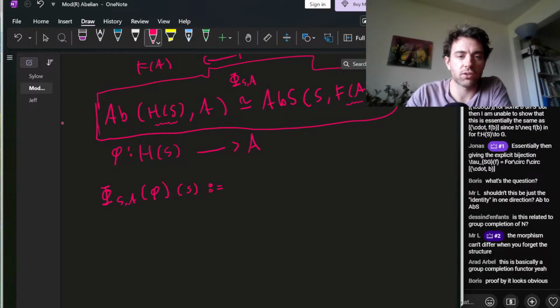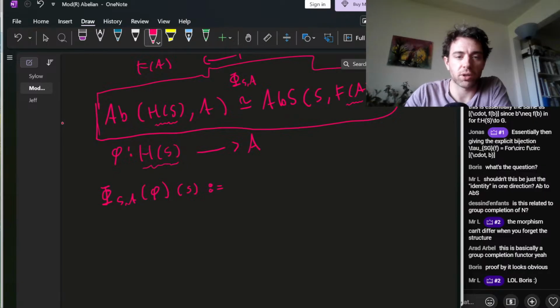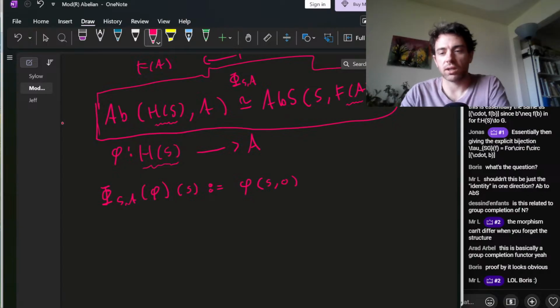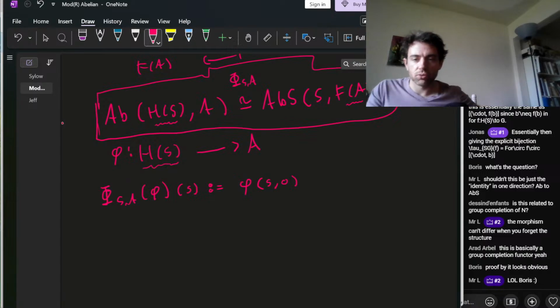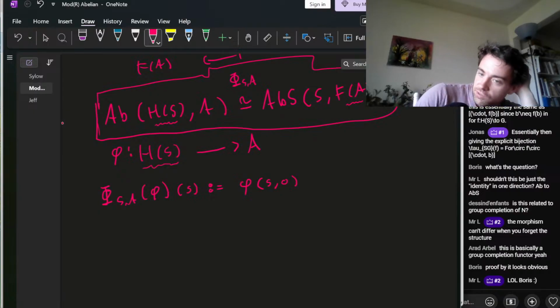HS is going to be equivalence classes of pairs, right? So phi S0 would be my guess to make this a well-defined homomorphism. Proof by it looks obvious.